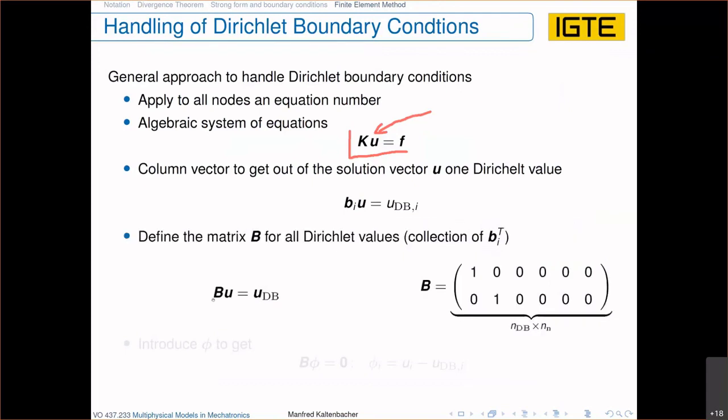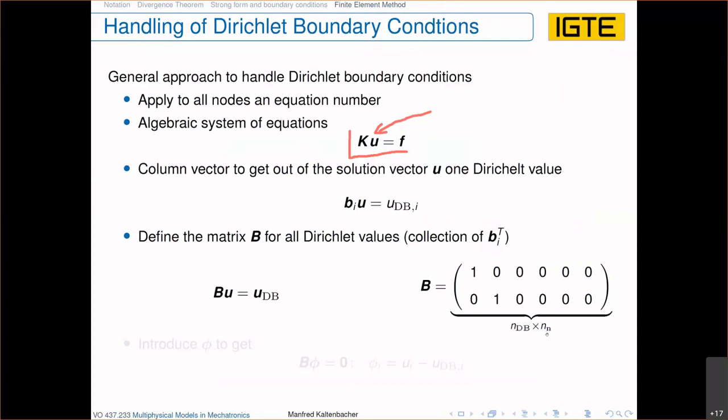If we apply the matrix B on the vector U, including the unknowns as well as the known Dirichlet boundary values, we just get out a vector including the Dirichlet boundary values. The dimension of B is the number of Dirichlet boundary nodes times the number of nodes.